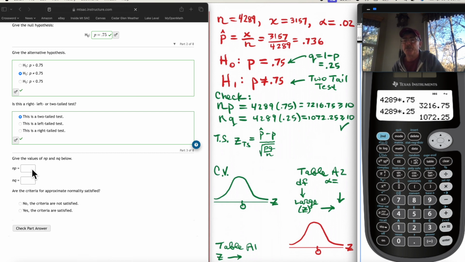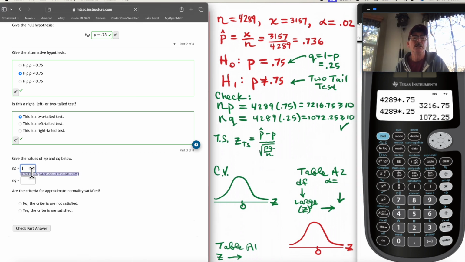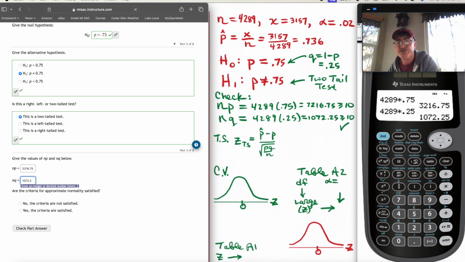So let's go ahead and put that in real quick. So NP 3216.75, NQ 1072.25. Obviously both greater than or equal to 10, so yes, the criteria are satisfied.